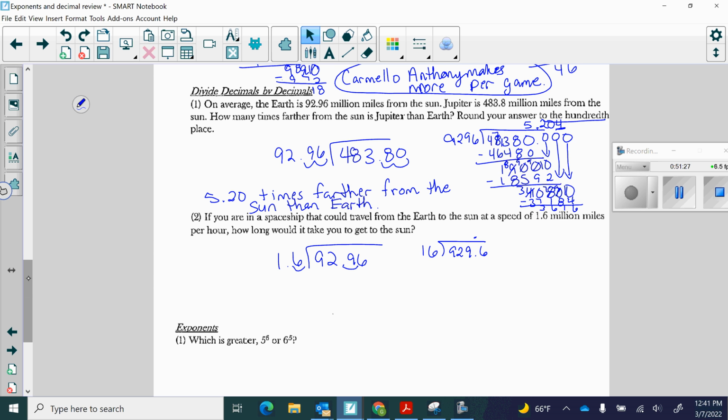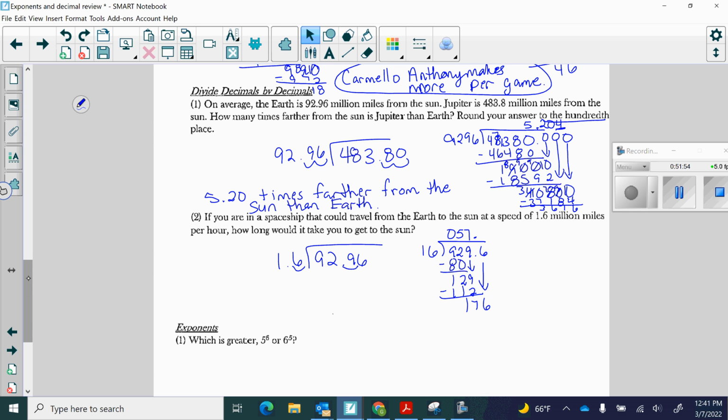16 can go into 92 5 times, that's 80, bring down my 9. 16 can go into 129 7 times, 7 times 1 plus 4 is 11. So that's 7, 1, bring down my 6.